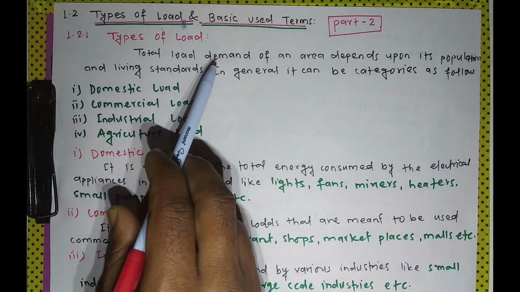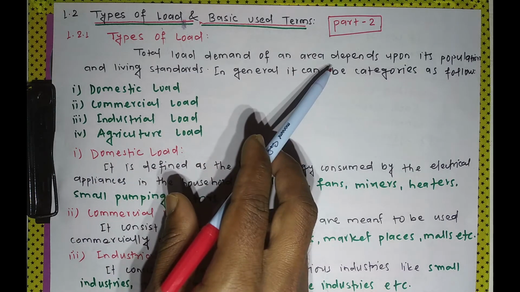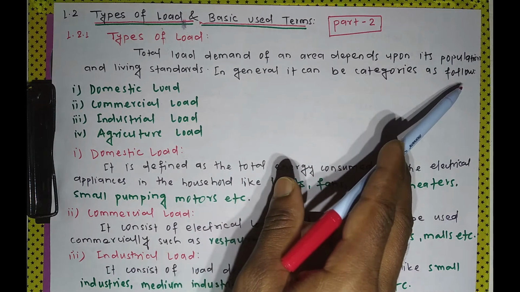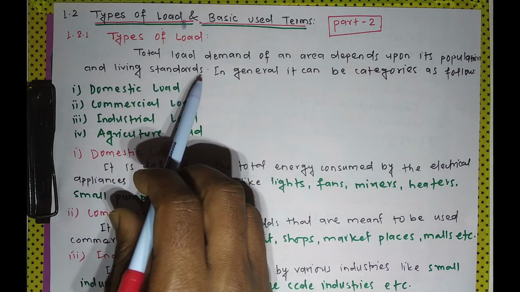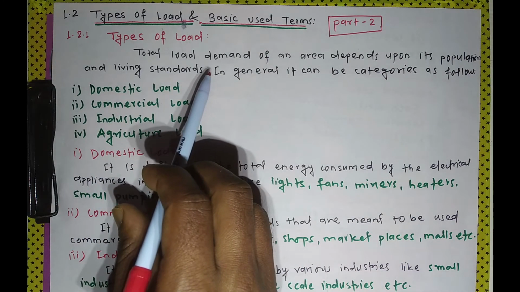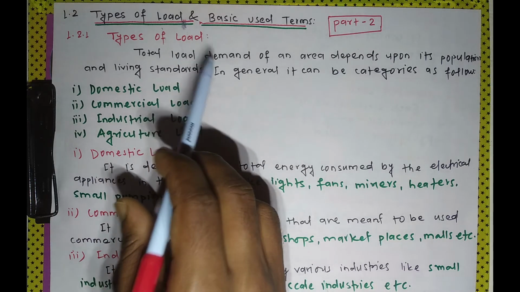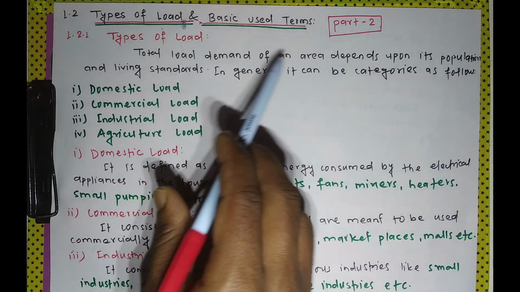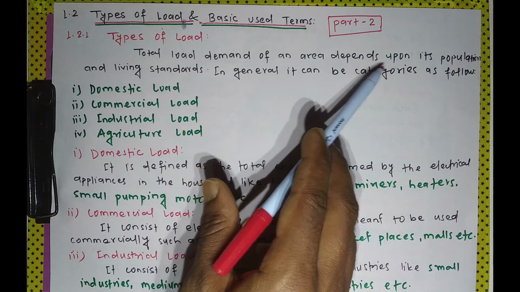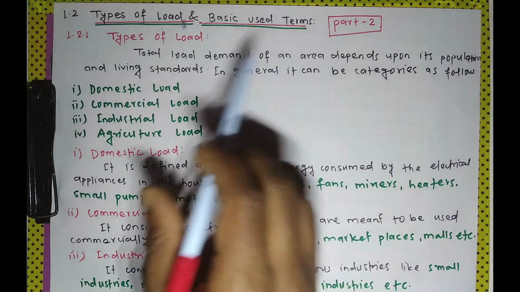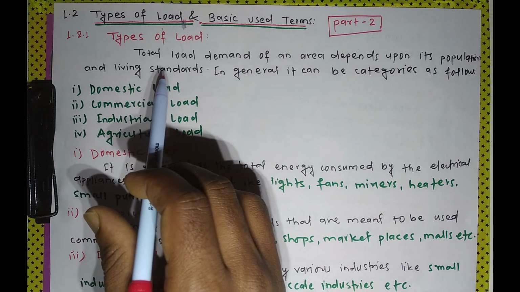Total load demand of an area depends upon its population and the living standard. What is the demand of loads? What are the factors that determine it? The population of that area and the living standard.